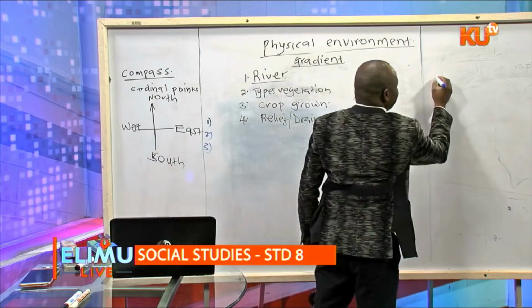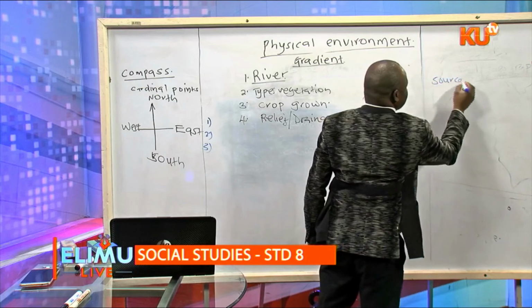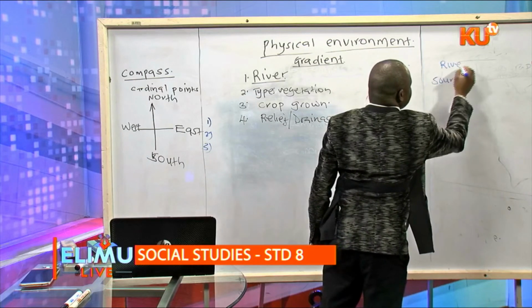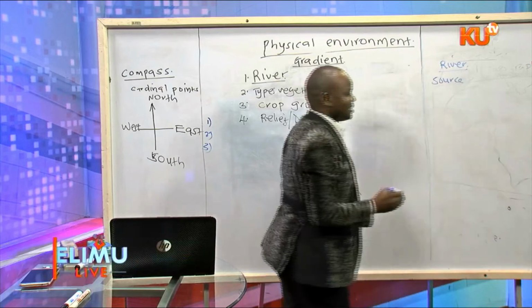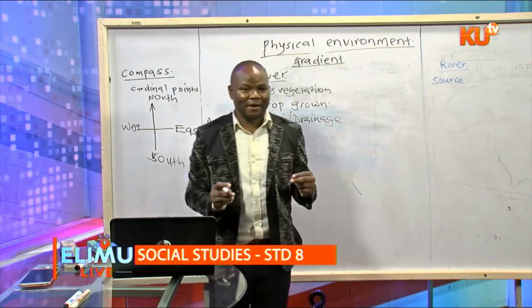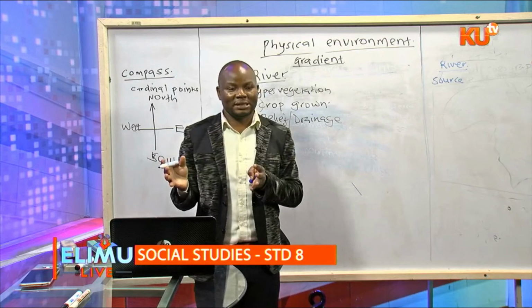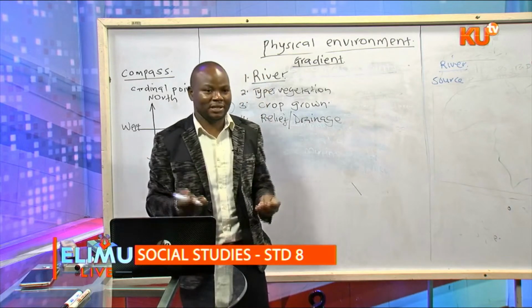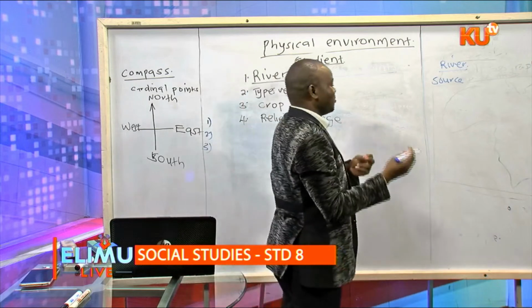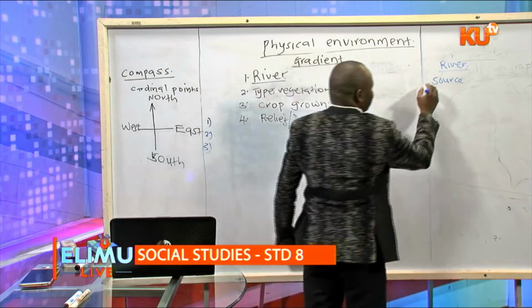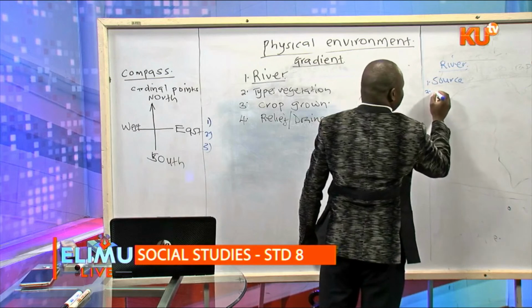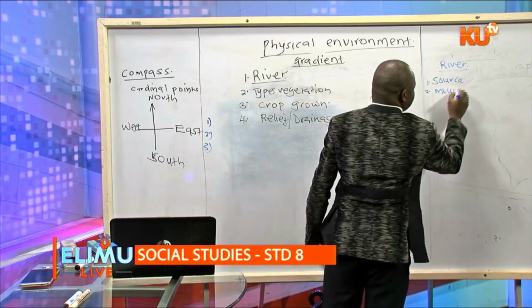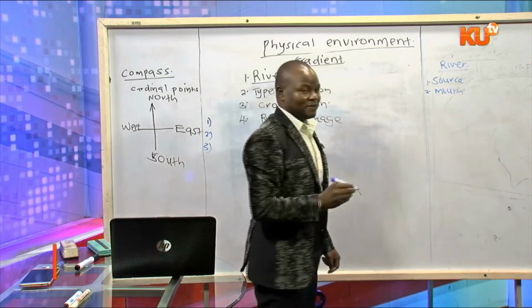The river has the source. I can say first that a river is a stream of water that flows across the country or across the area. That is the river. It's a stream of water that flows. A river has the source. The river has the mouth. Those are the two parts of the river.